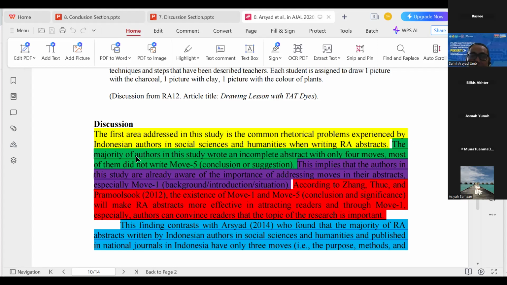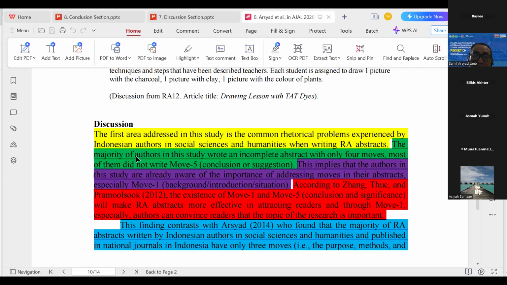And then the next part: this implies that the authors in this study are already aware of the importance of addressing moves in the abstract, especially move one until move four, actually.